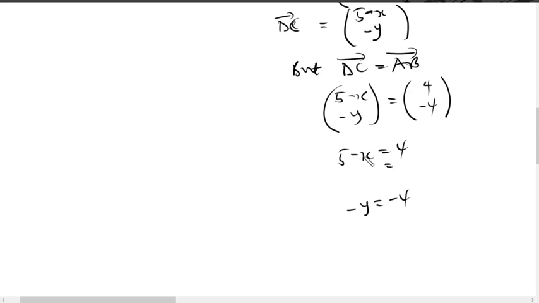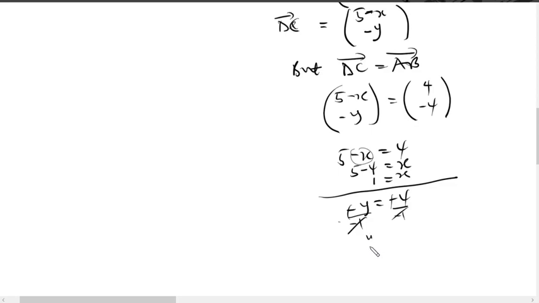Okay, let me send the negative x to the right side. So when it comes here, we have positive, 5 is here. Let me bring this one here, we have negative 4. If I subtract 4 from that, I have 1, so x is 1 here. And here too, let me make y the subject. I need to divide both sides by negative 1 to get rid of the negative sign.